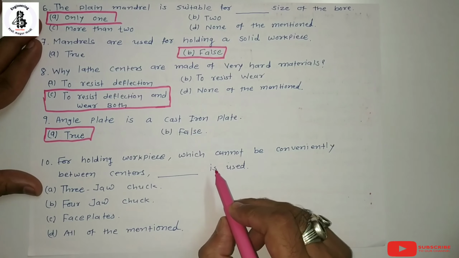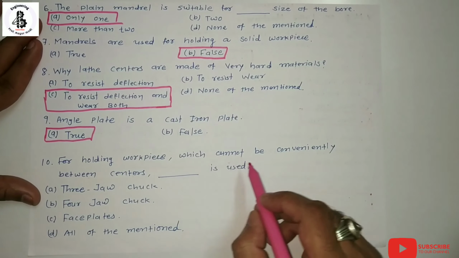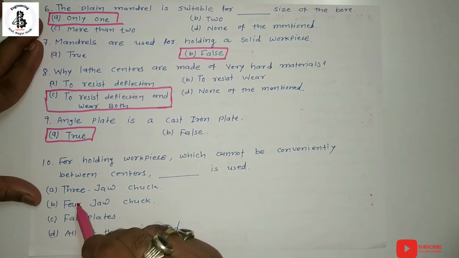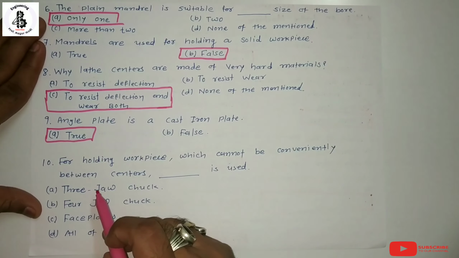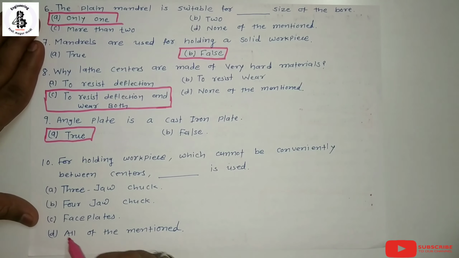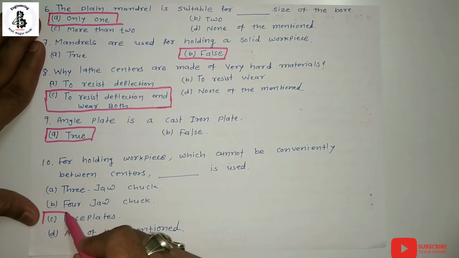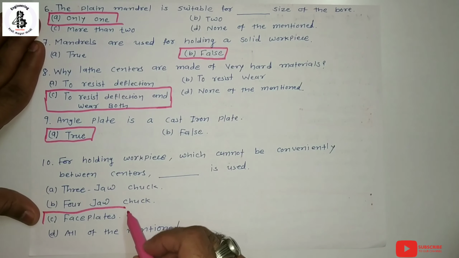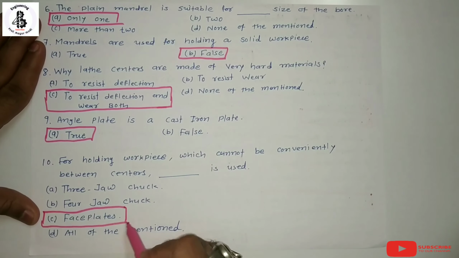The face plate is the answer for a workpiece which cannot be conveniently held between the centers. There is always convenience with the 3-jaw chuck and 4-jaw chuck, and inconvenience only with the face plate. So the answer is that for holding a workpiece which cannot be conveniently held between the centers, the face plate is used.